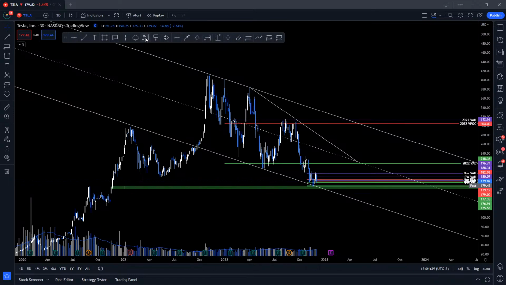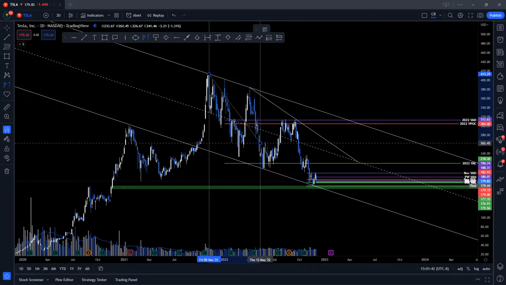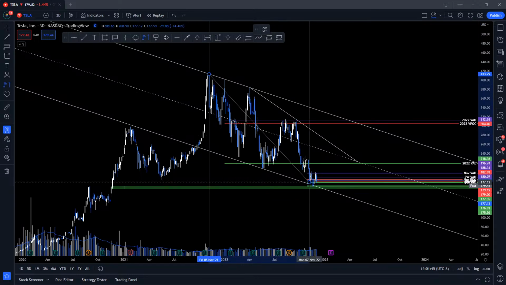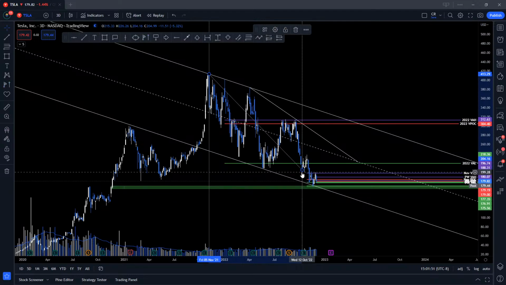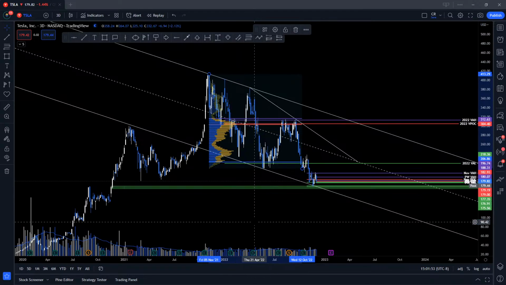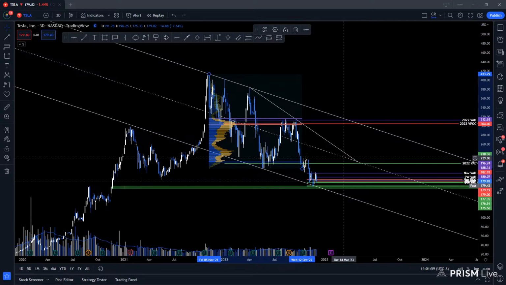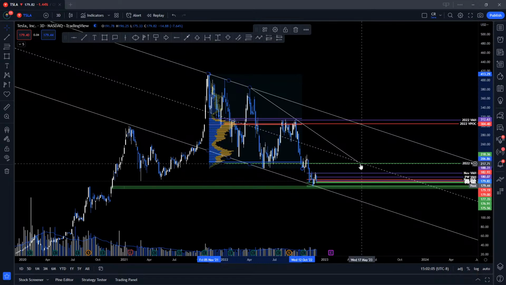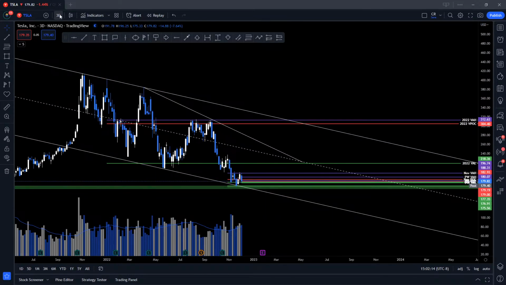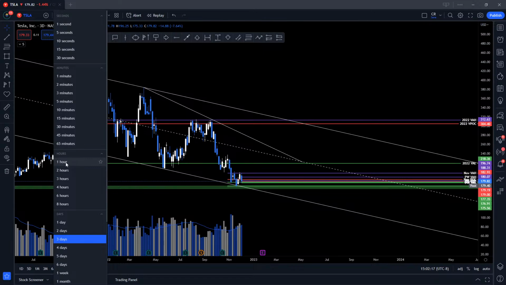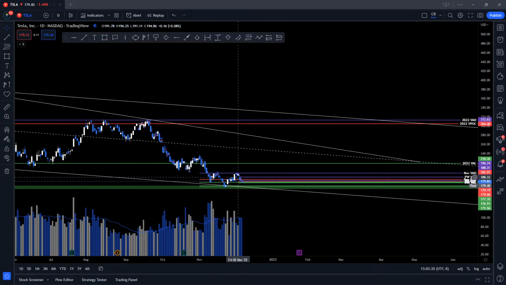And then let's take a look at where... So best case for upside, we're rejecting the 2022 value area low. I actually really want to look at this range here.